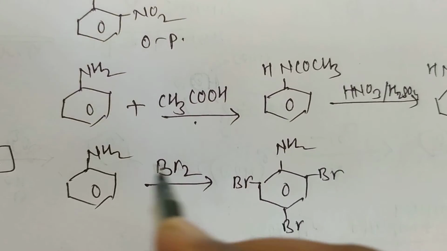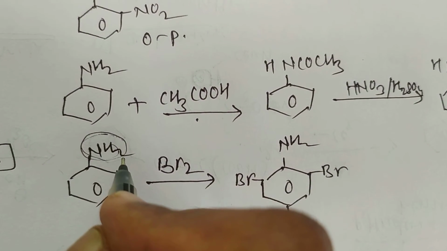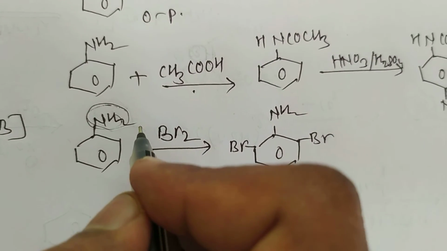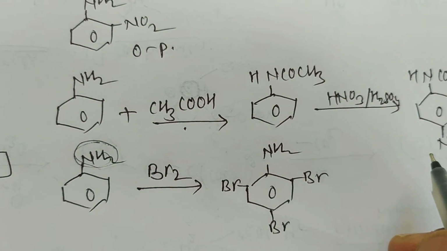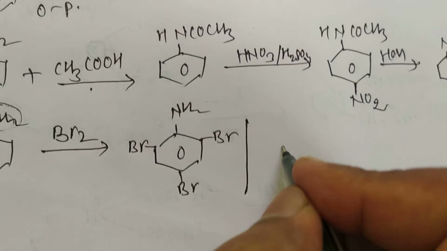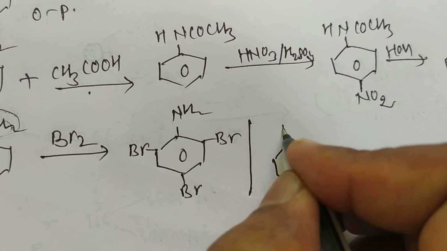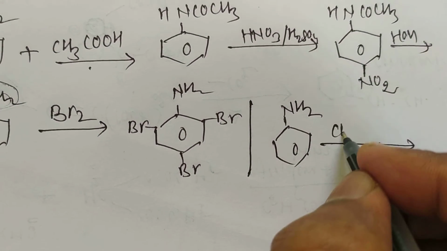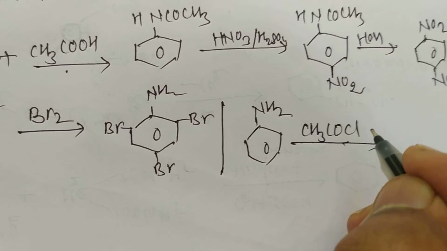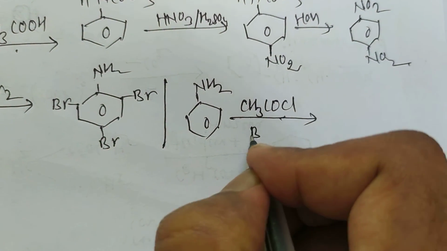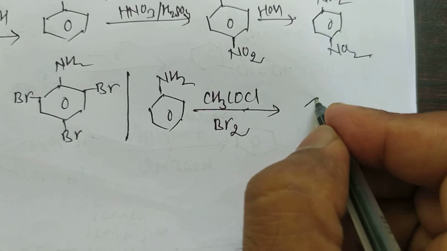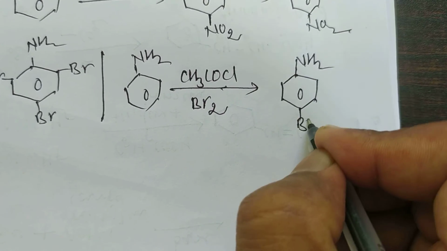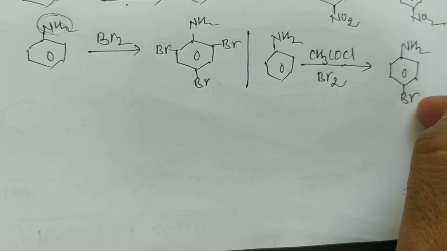But if this NH2 group is protected, then we can obtain only one product, that is the monosubstituted product, parabromoaniline. Means when this aniline is protected by using acid chloride CH3COCl, and again bromination and hydrolysis are carried out, then we can obtain NH2 and Br, means parabromoaniline is obtained.